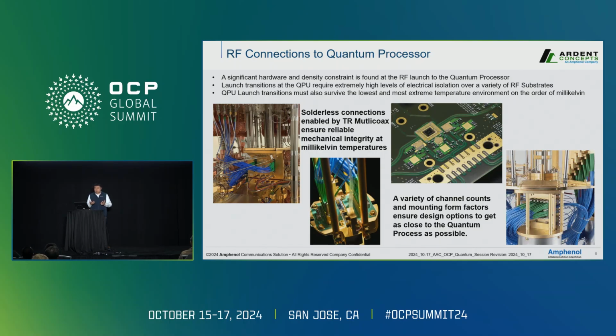As with the previous components we have reviewed, a GaN approach delivers the highest level of density, particularly in the dimensionally constrained region near the QPU. With quantum computing still in its infancy, RF connections to and from the QPU still must accommodate a wide range of QPU form factors and substrate materials.